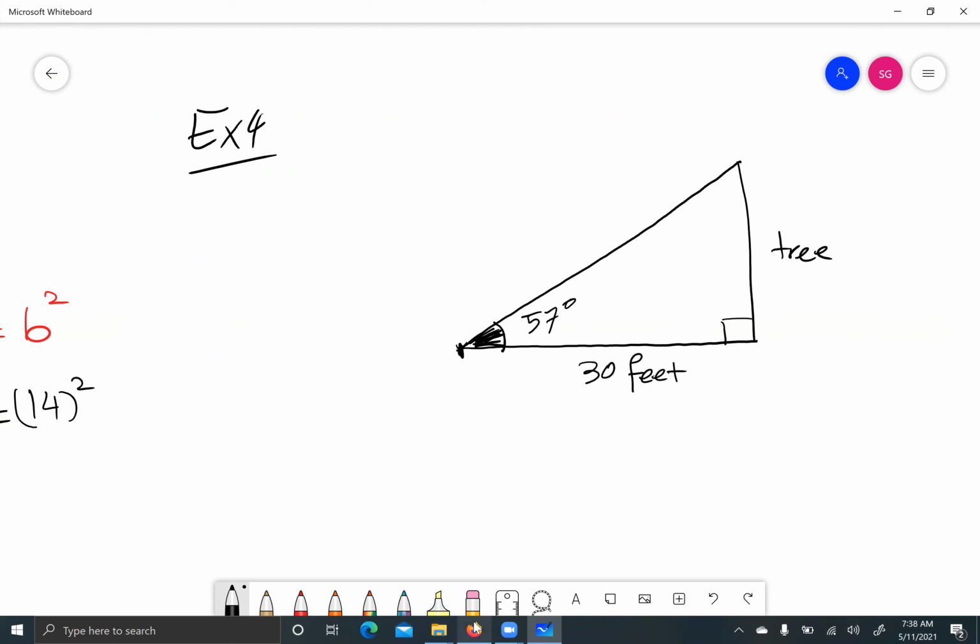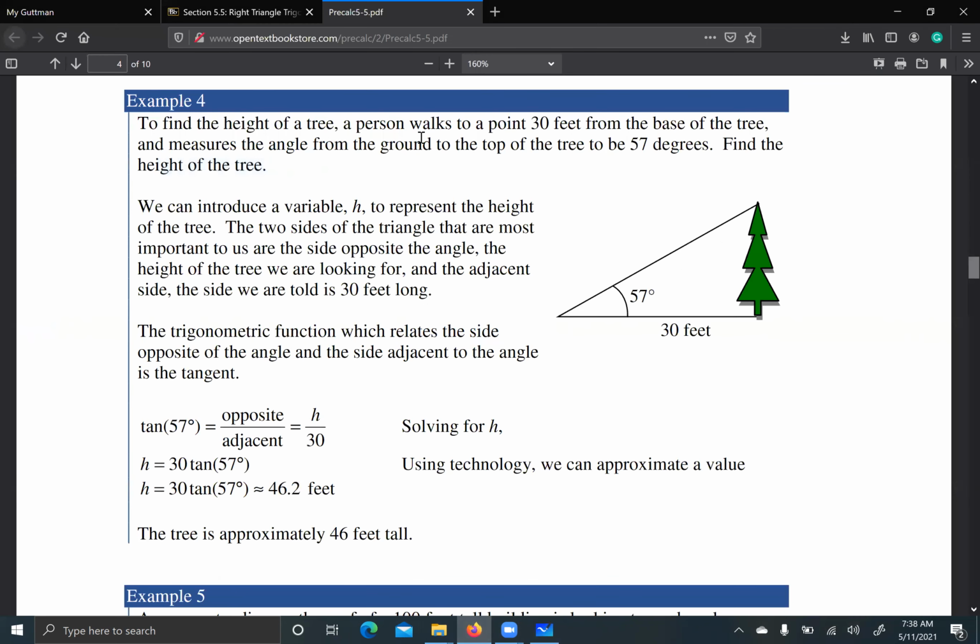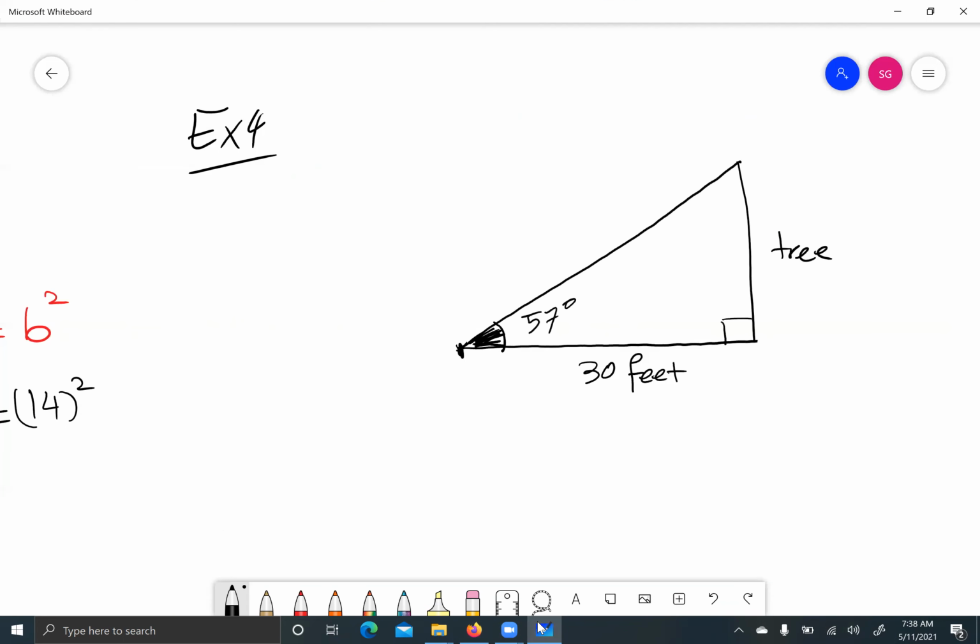Now the question is, what is this side? What is the height of this tree?